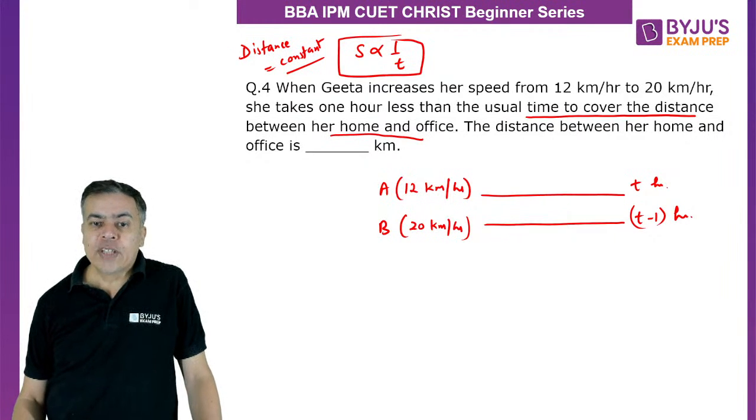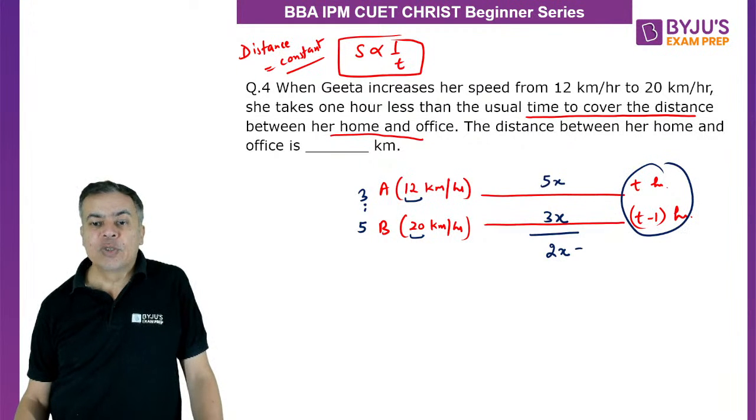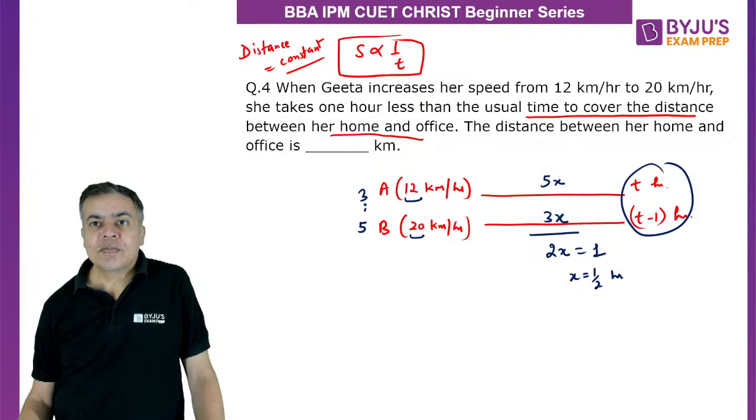Now the ratio of the speed is 3:5, so the time taken should be 5:3. I will take the time taken as 5x and 3x. The difference in the time taken is 2x, but I know the difference is 1 hour. So x is 1/2 hour.